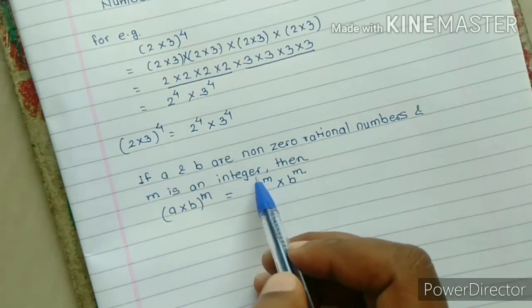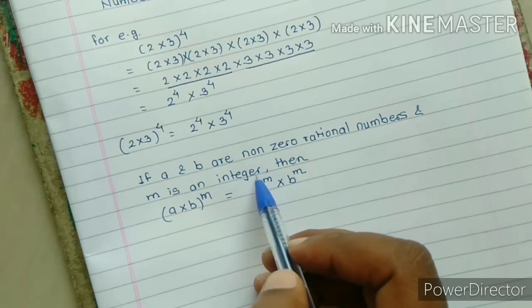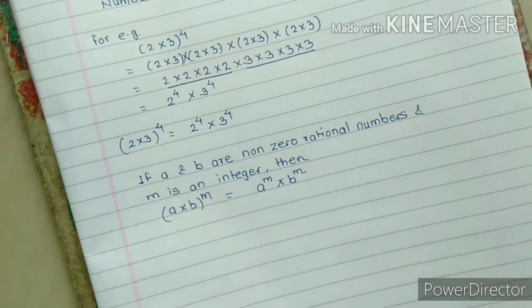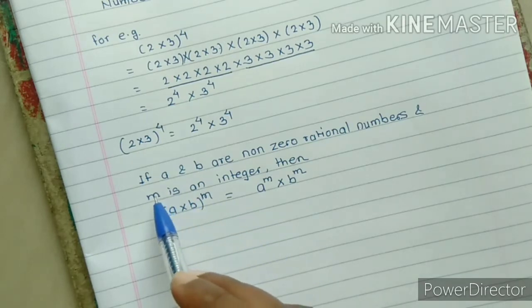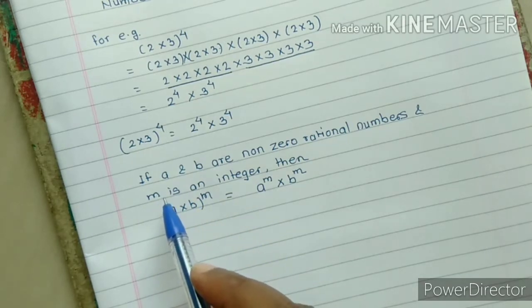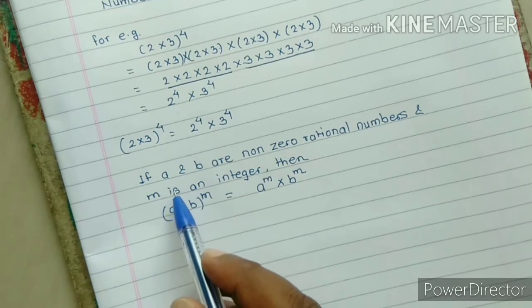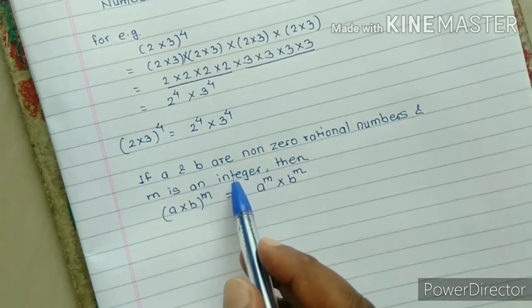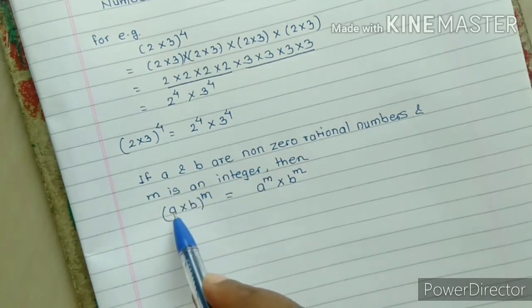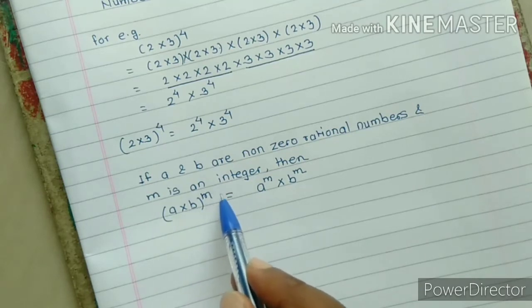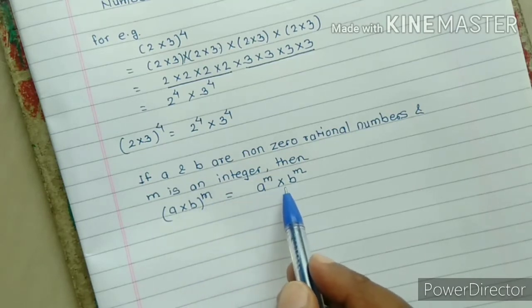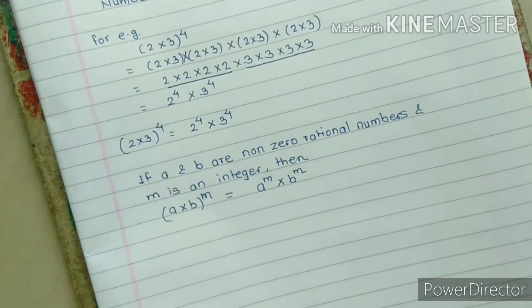Which one? Positive, negative and 0 numbers are called integers. Means m is 1, minus 1, 0. This type of number is called an integer. Therefore A into B raised to m is equal to A raised to m into B raised to m.